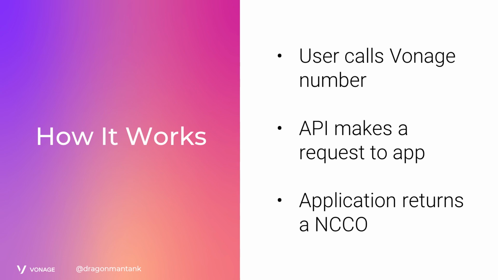Our servers take that and then make a request back to your application. And then the application is going to return an NCCO. And that's going to happen back and forth as the user continues to do more things with input, or you decide to end the call or whatever. But the idea is we'll contact your application, and then you'll return an NCCO and we'll start that transaction.